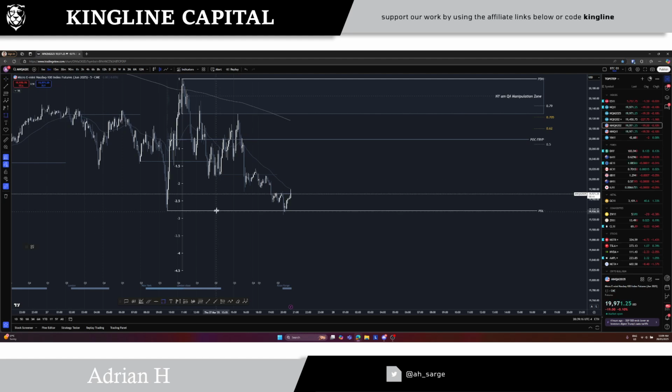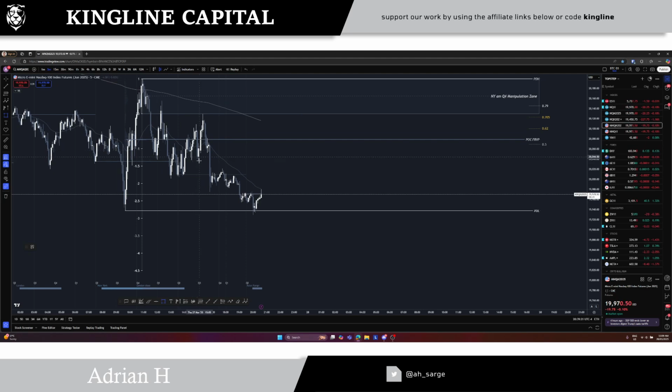NYPM was the Q3 swing here. Low to the high.